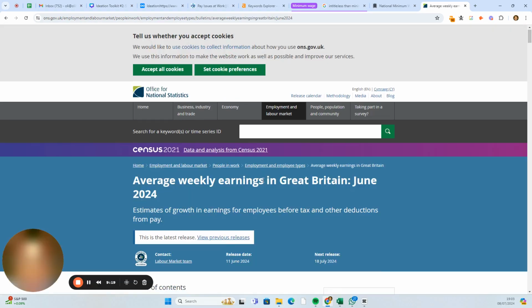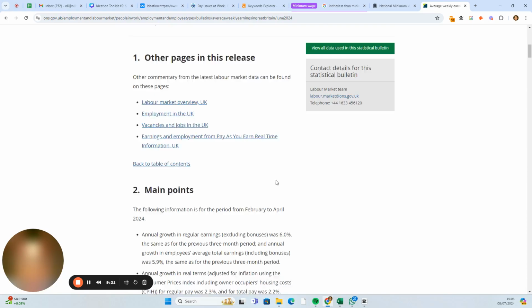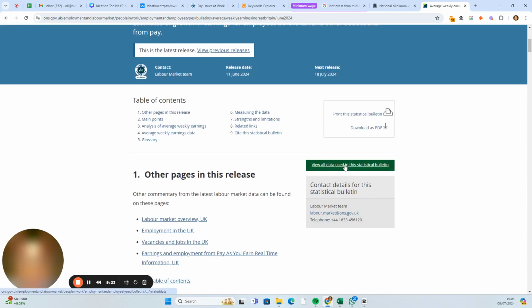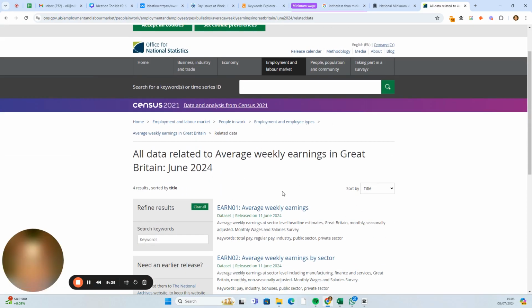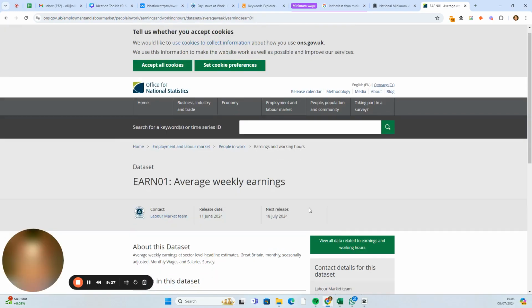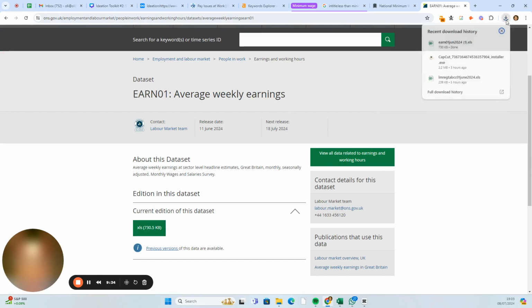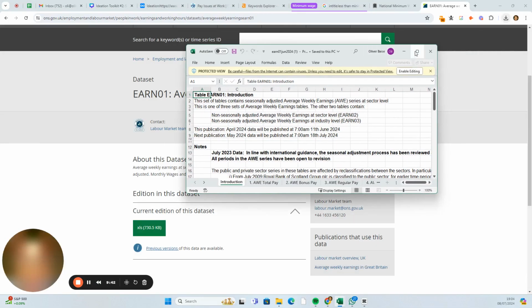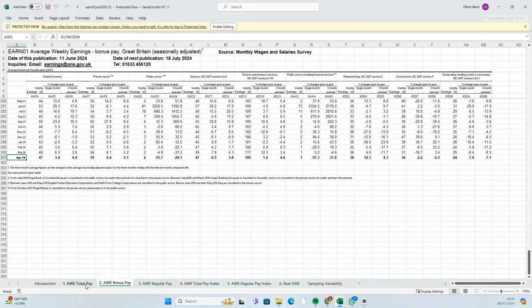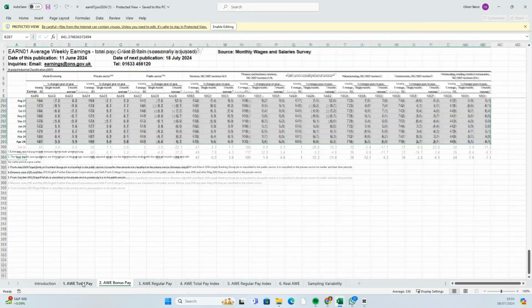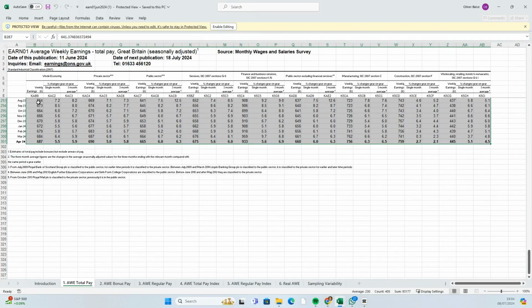Average weekly earnings in Great Britain. Pure data used in the statistical bulletin. Average weekly earnings. Total pay.